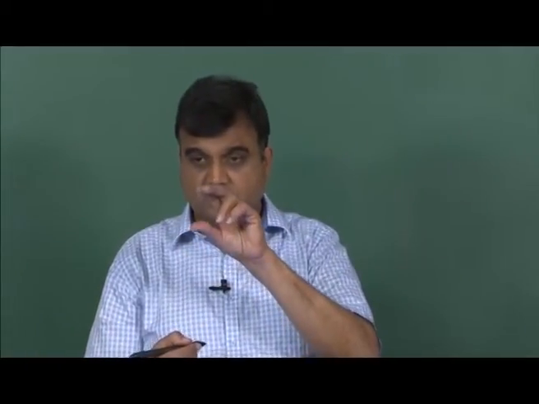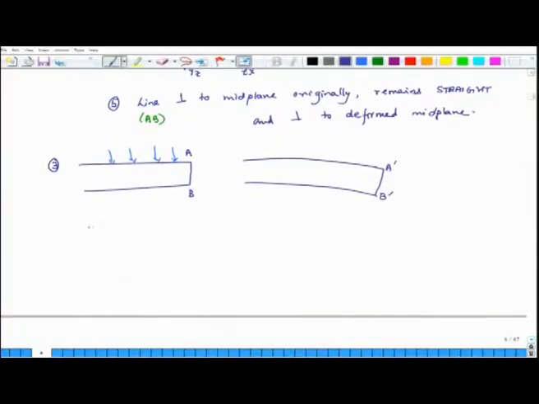There is no force which is actually compressing the plate from both sides. Okay. So, the length of line AB does not change. This is another assumption we make, and essentially mathematically what it means is that epsilon z is equal to 0. So, these are the three assumptions which we make.